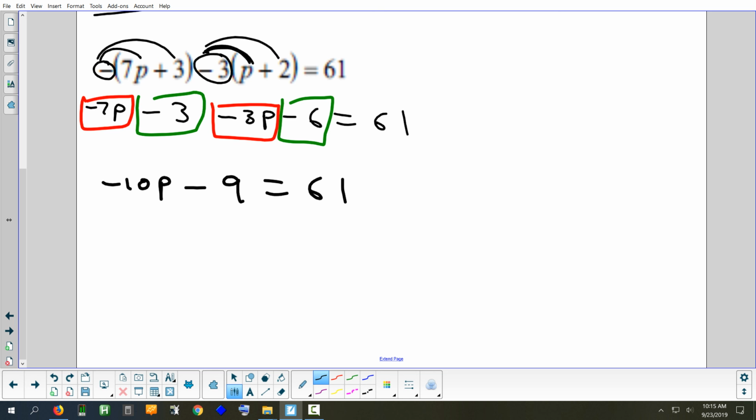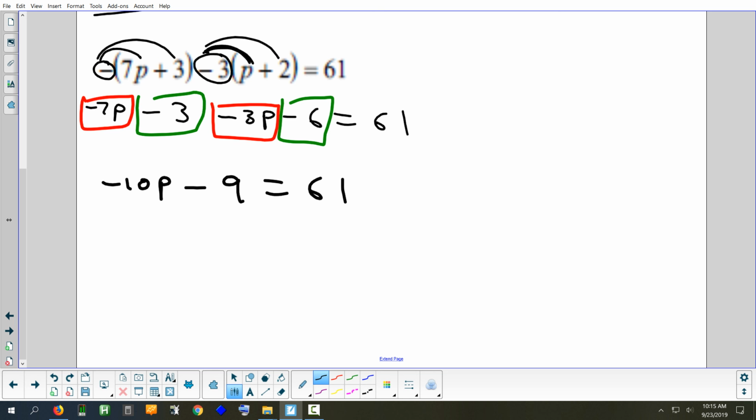Do I have p's on both sides of this equation? No, so then I don't need to worry about moving the thing with p. Okay, but I do have things that have to move to the right-hand side. What do I have to move to the right, Steve? I don't know. Not sure? Anyone helping out? What do we have to move to the right? Joe? You want to move that negative 9.